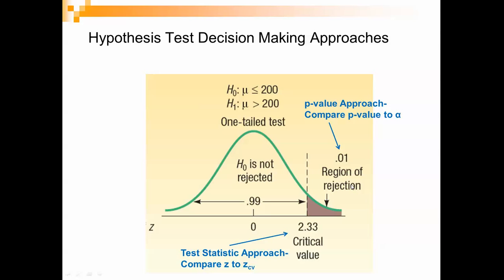And then we calculate the probability of finding that z or t test value or a value that is more extreme. And that's our p-value. We then compare that p-value to the significance level we have chosen a priori, which means we chose it before we did our research, before we did our analysis, before we actually took our sample, so that we're ethically clear. And then if the p-value is low, the null must go. We reject the null hypothesis.